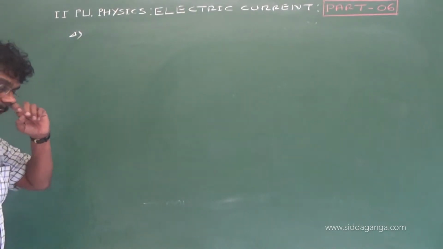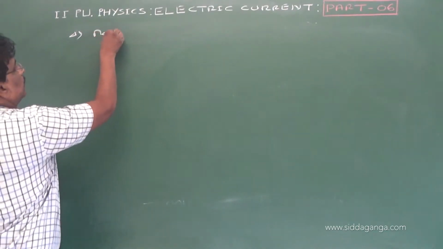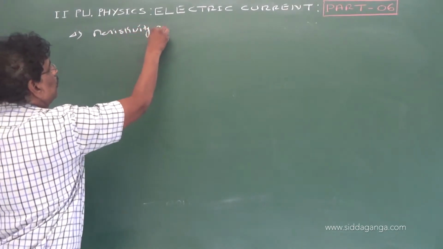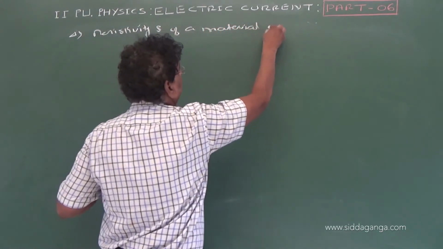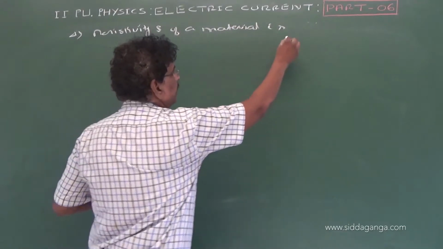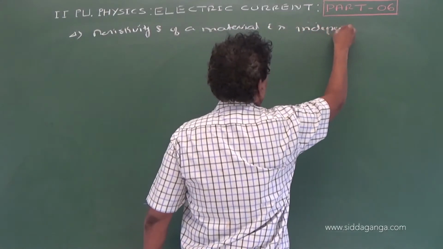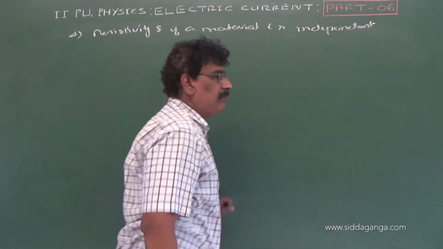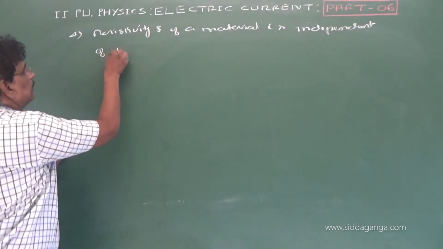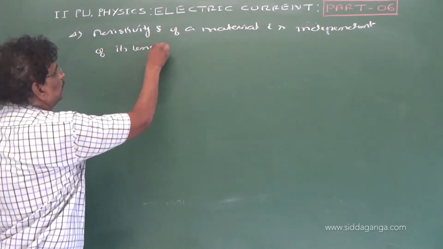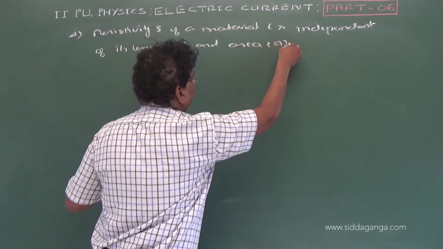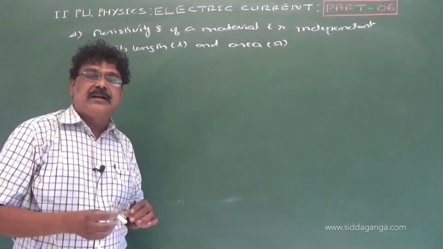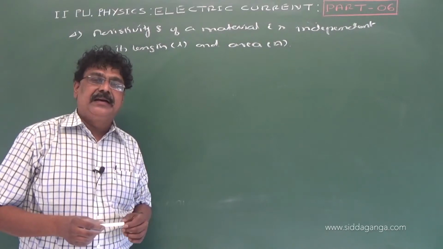Now, the fourth one and very important. Resistivity ρ of a material is independent of its length L and area of cross section A. It does not depend upon its length L and area.